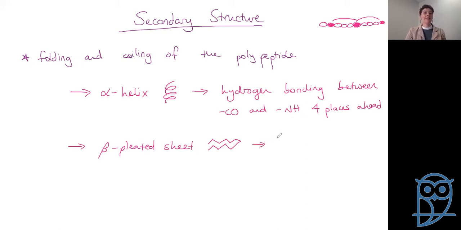But again, it's all focused on hydrogen bonding. Here we have hydrogen bonding that's holding parallel sections together. So we have hydrogen bonds between these parallel sections of the polypeptide.